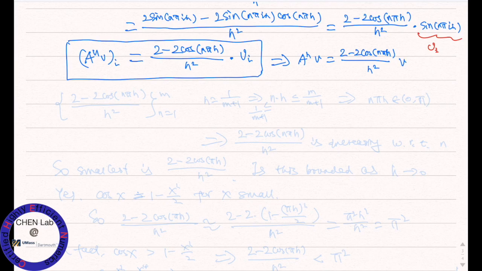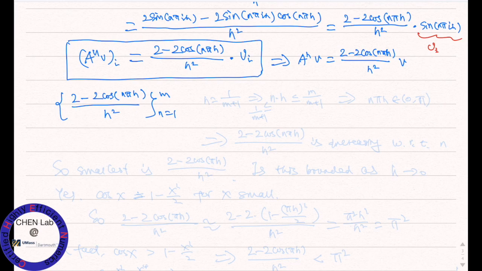Alright. Because this n is changing, we already have 2 minus 2 cosine m pi h divided by h squared. Here m is from 1 to m. We already have m eigenvalues.